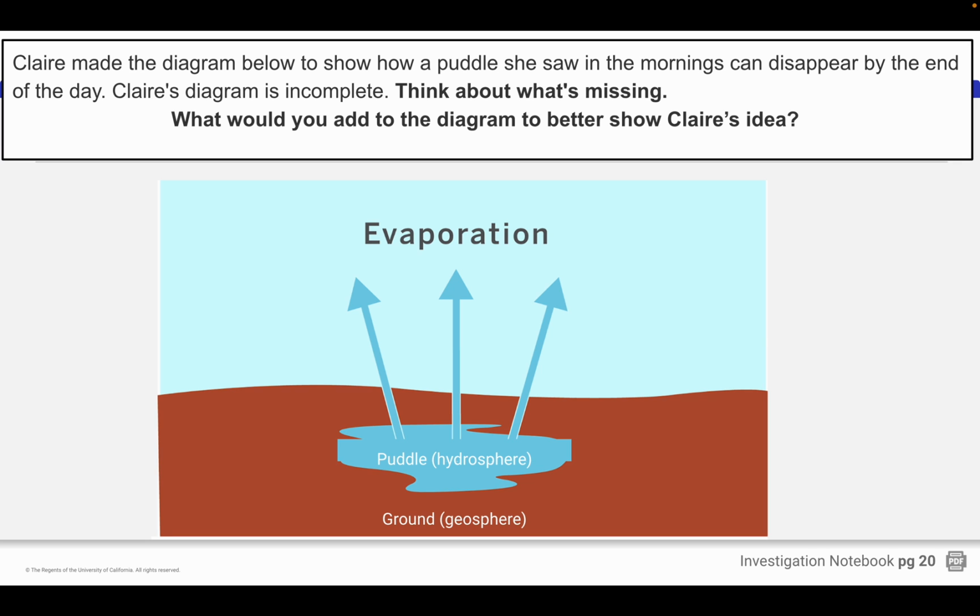Now I'm going to tell you that Claire's diagram is incomplete. Take a minute to really study that diagram and think about what's missing. And what would you add to the diagram to better show Claire's idea?